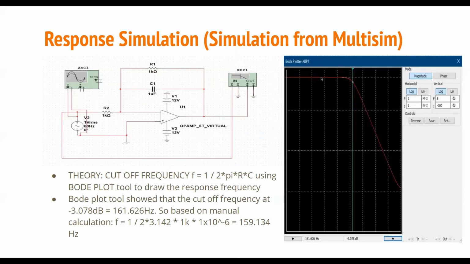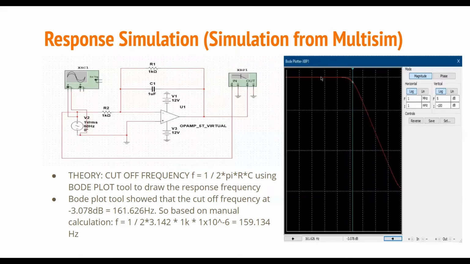We get the cut-off frequency equal to 1 over 2 pi RC. Based on the simulation, the cutoff frequency at negative 3.078 dB is equal to 161.626 Hz.